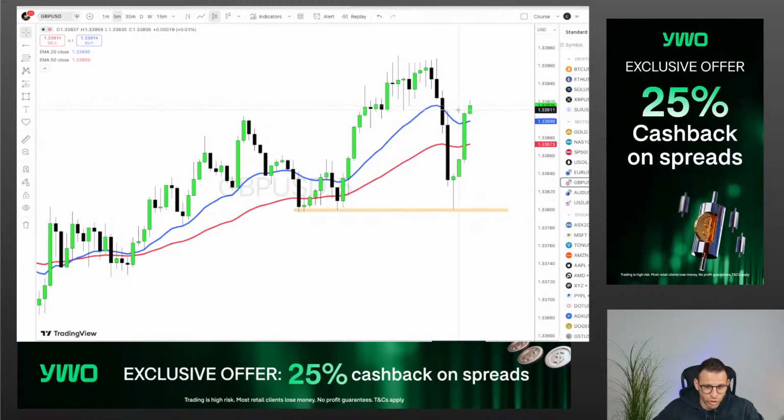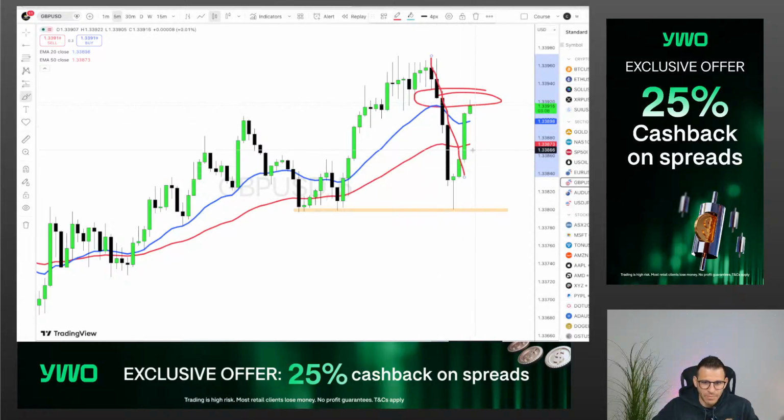If it was me trading this one right here, I would have closed my trades, because at this point we are entering the heart of these sellers who started the move to the downside.